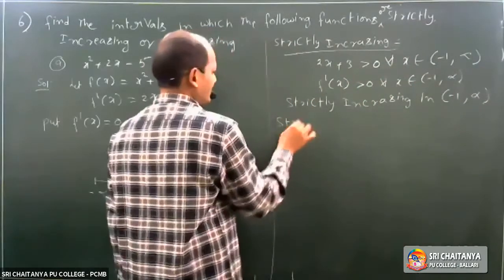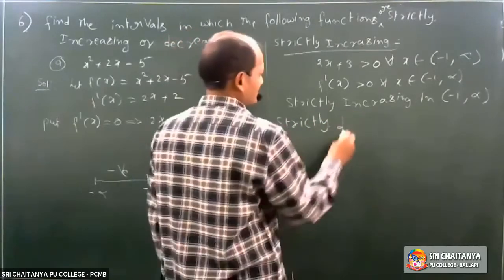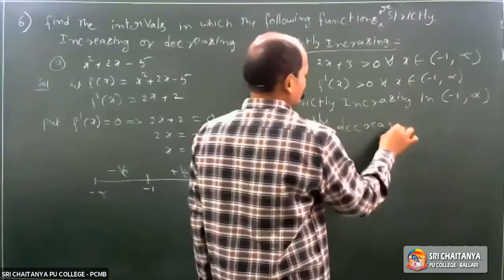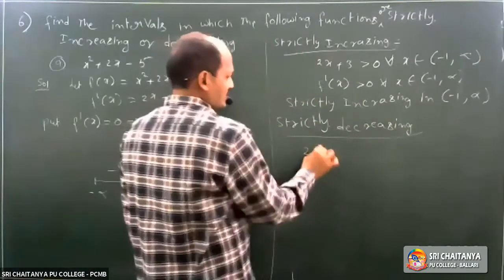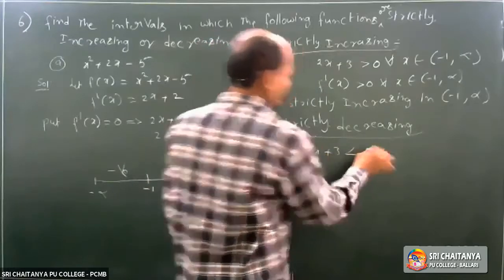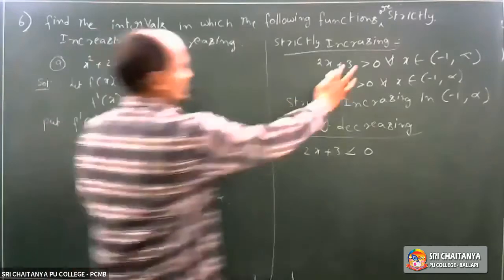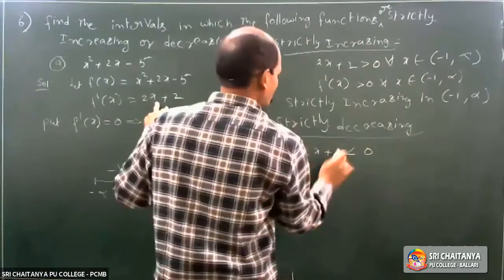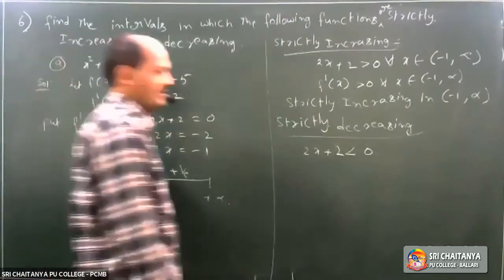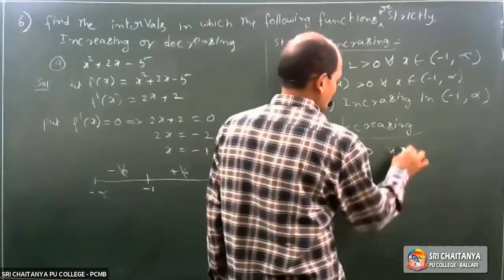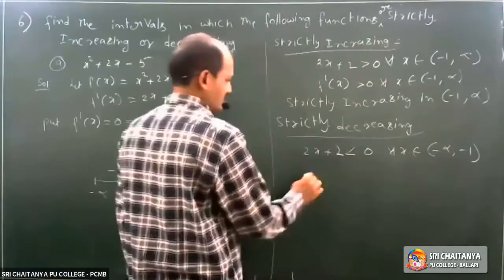Next, strictly decreasing. So the first derivative, 2x plus 2, is less than 0 in this interval, minus infinity to minus 1, for x belongs to minus infinity to minus 1.